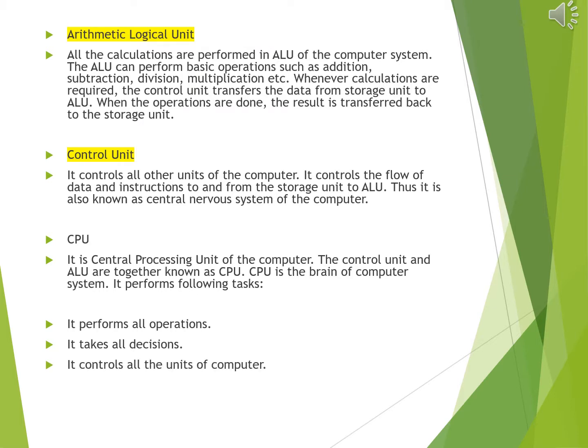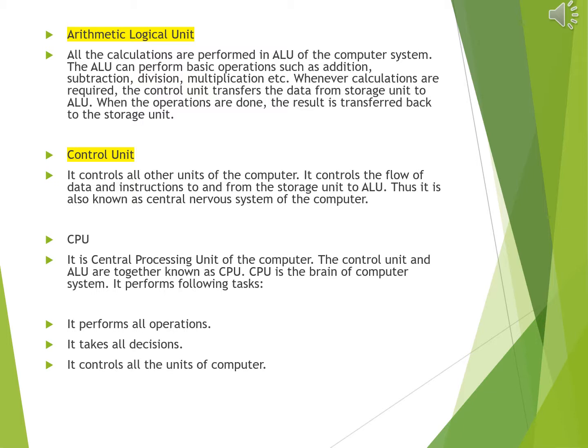All the calculations are performed in the ALU of the computer system. The ALU can perform basic operations such as addition, subtraction, division, multiplication, etc. Whenever calculations are required, the control unit transfers the data from the storage unit to the ALU. When the operations are done, the result is transferred back to the storage unit.